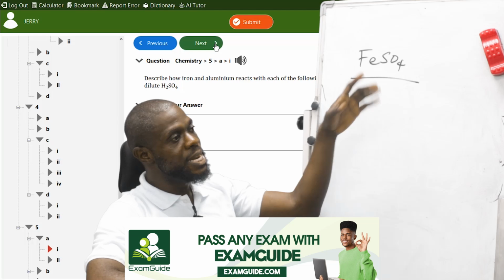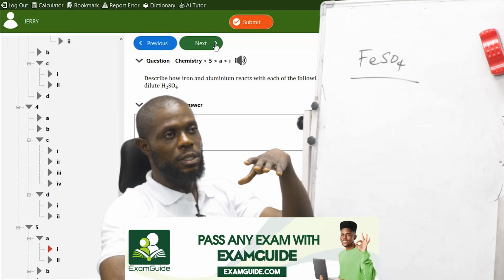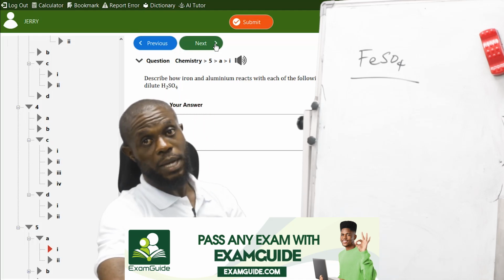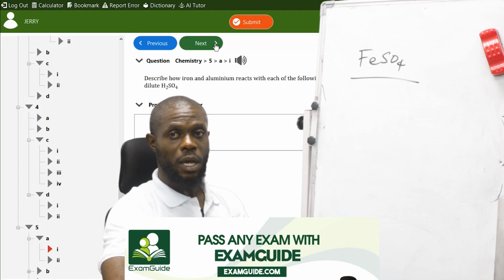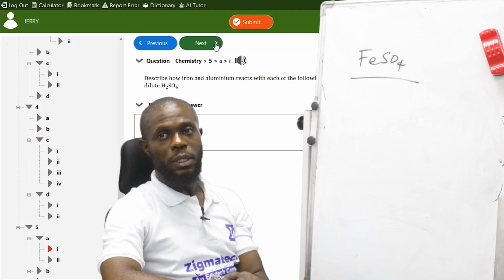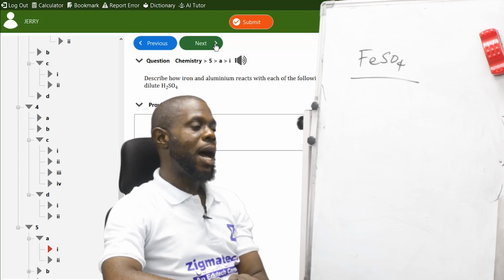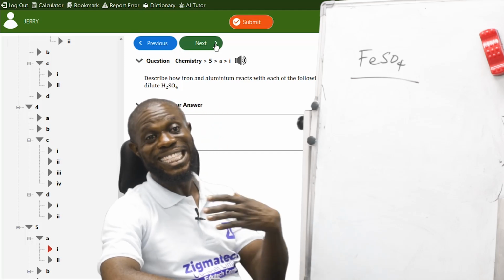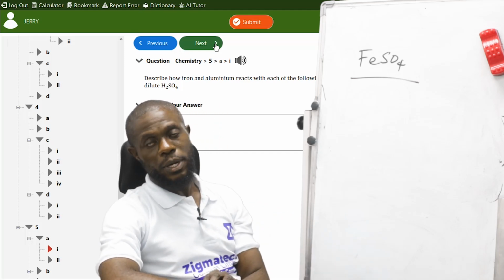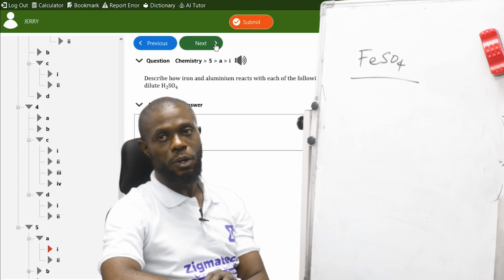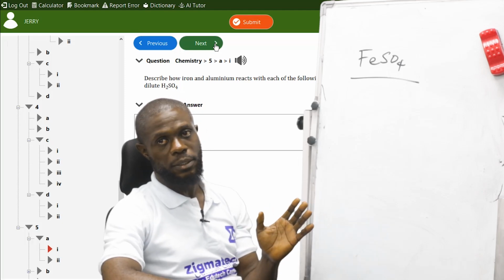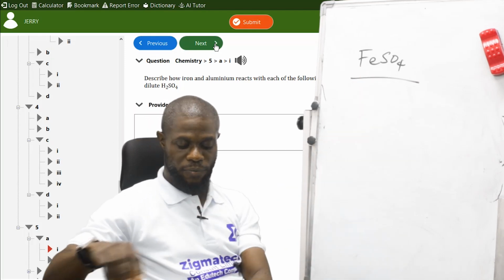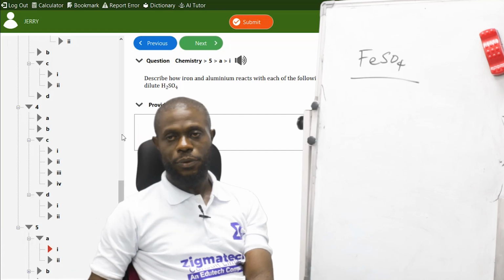So iron will definitely dissolve easily, because metals do dissolve in acids. But aluminum, like I said, forms an oxide film that is resistant to these things. So there is no reaction for aluminum. But iron reacts to form iron sulfate.